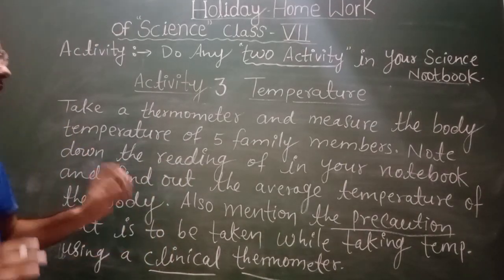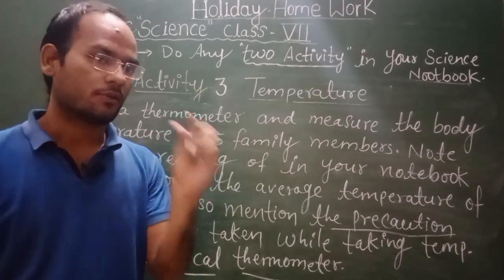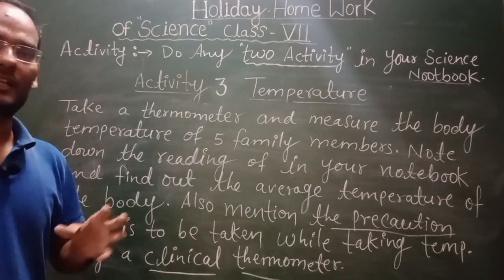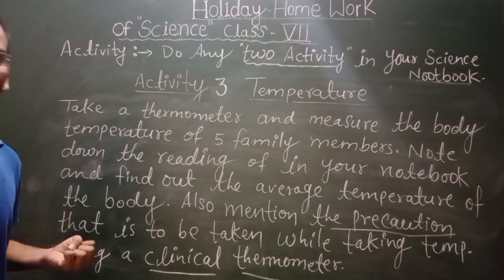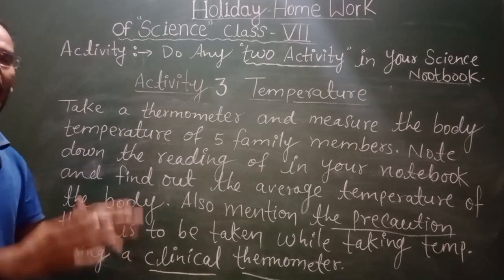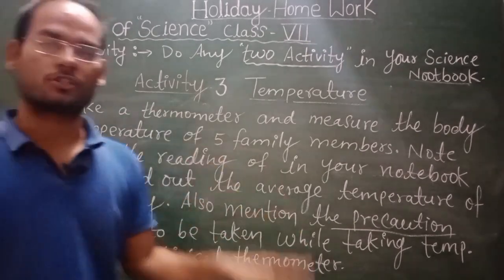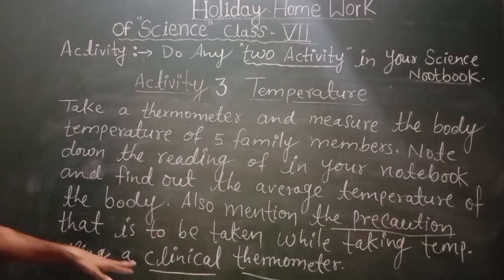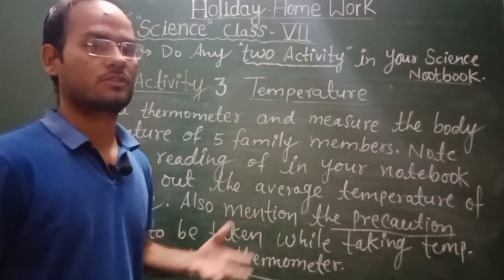So first you take the clinical thermometer, then measure the body temperature of any 5 family members, record them and write these readings in your notebook, find out the average temperature, and mention precautions while taking the temperature using a clinical thermometer. So you have to write down the precautions also.